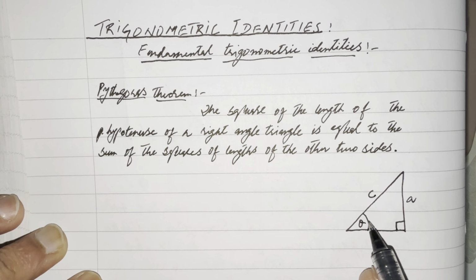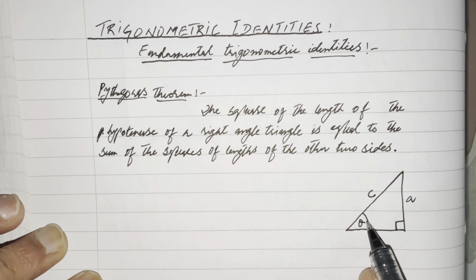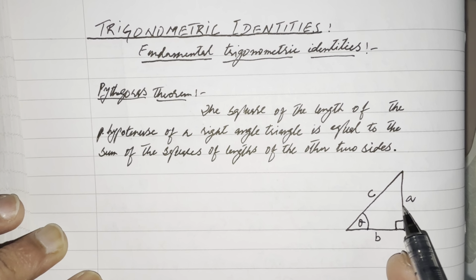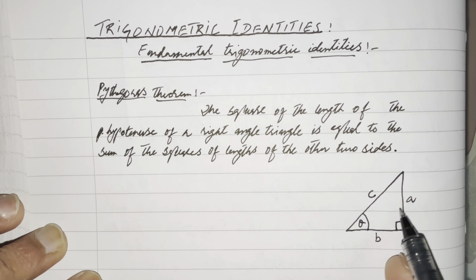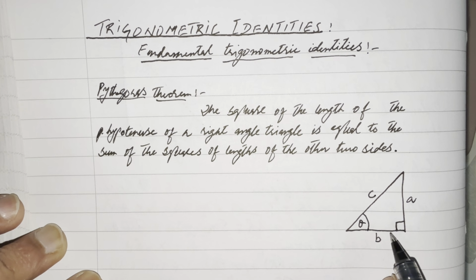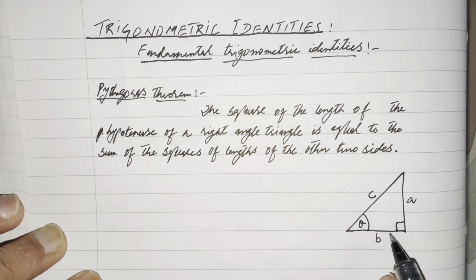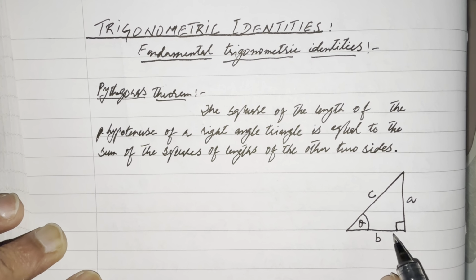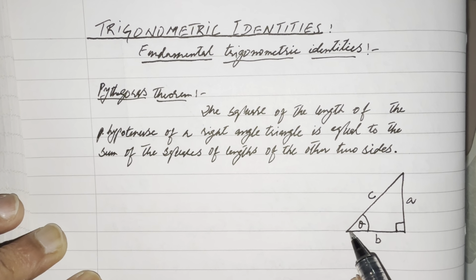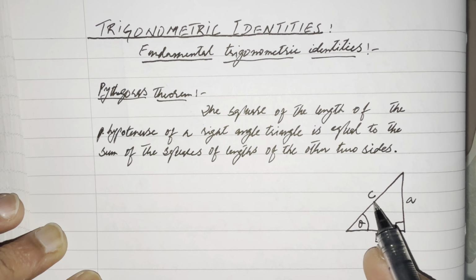If we are talking about theta there, the opposite side is this one, called the perpendicular, and this side is the adjacent side, which is the base of the right angle triangle, and this line is always considered the hypotenuse.